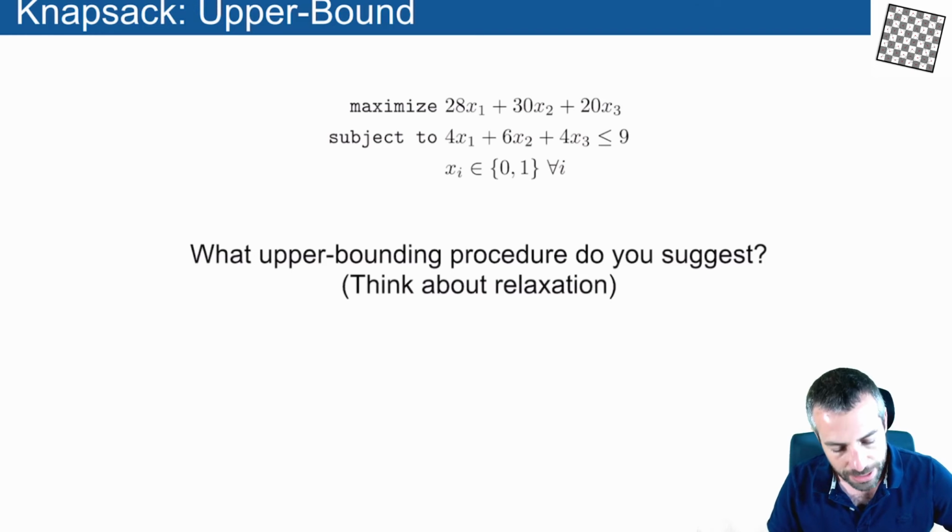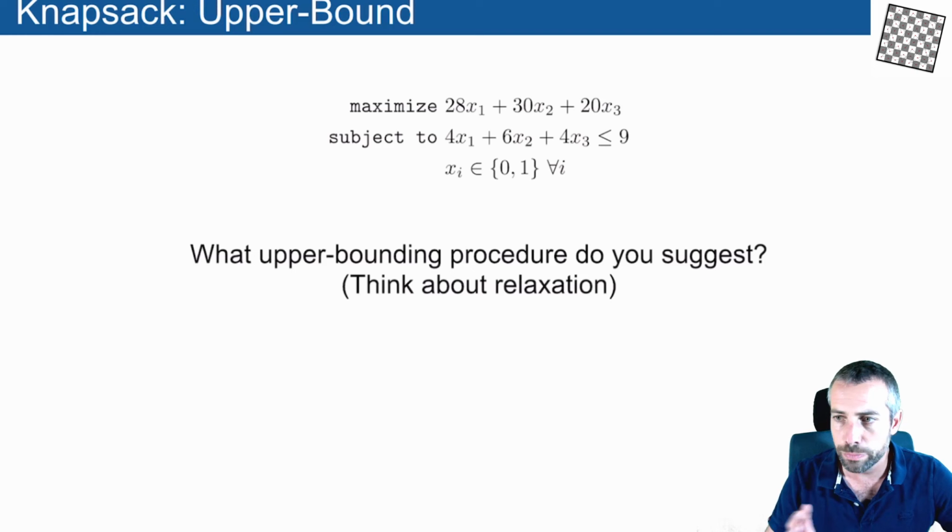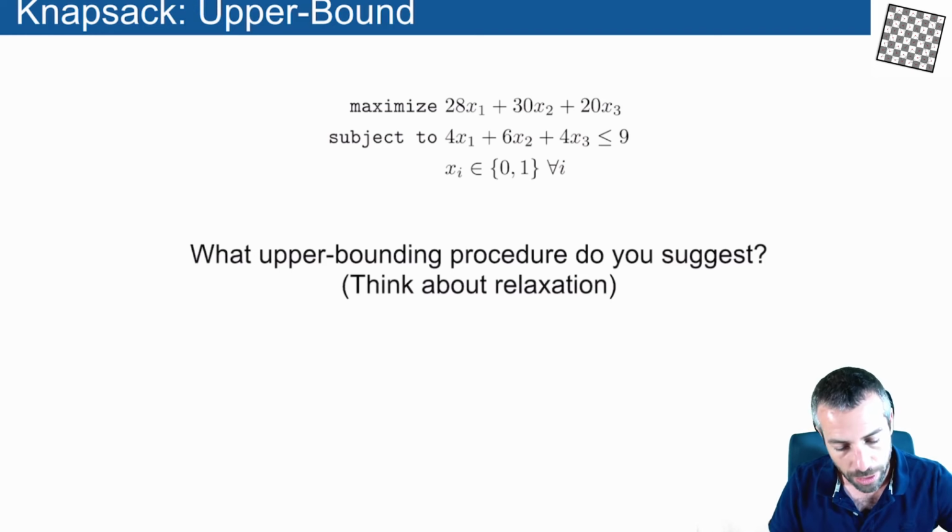And for this knapsack problem, we can think about two possible relaxation strategies. Actually, we have two constraints here. We have this constraint, but we also have that constraint. The fact that xi must be taken in the set {0, 1}, which is a binary variable, can also be considered as a constraint.